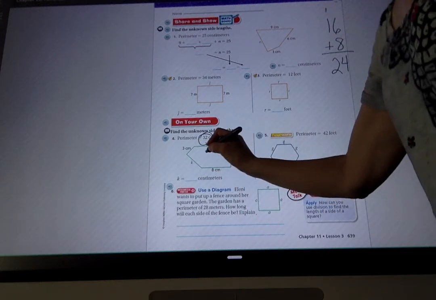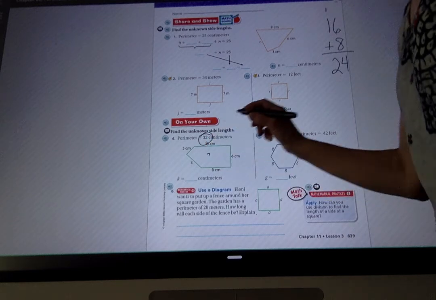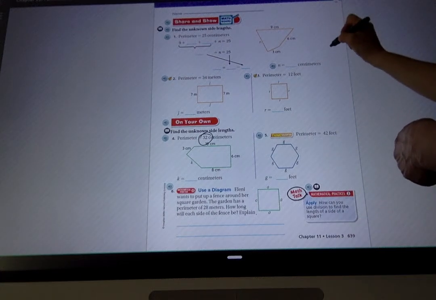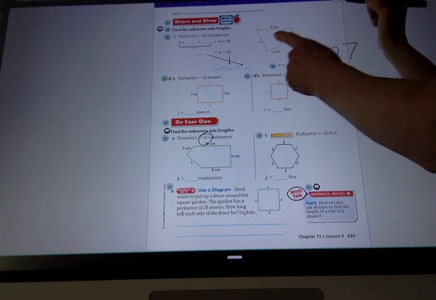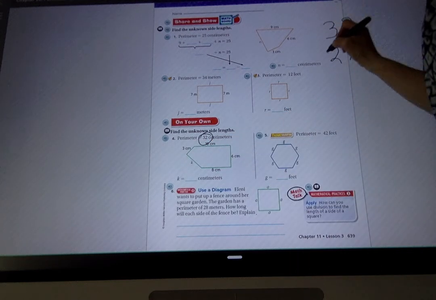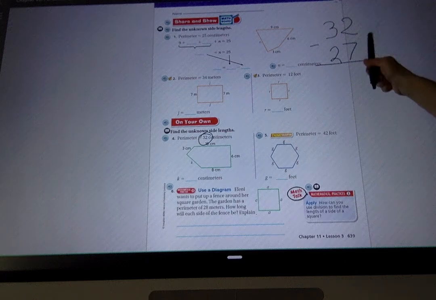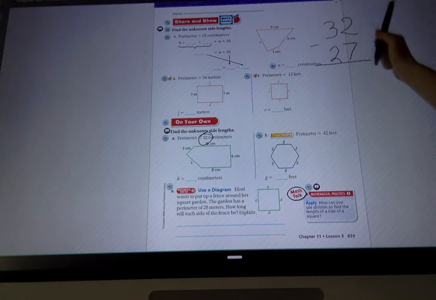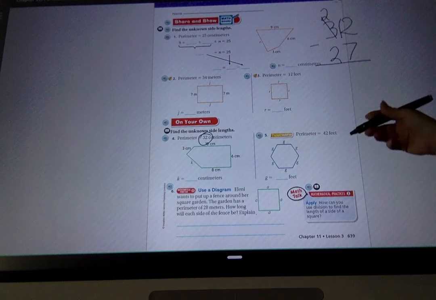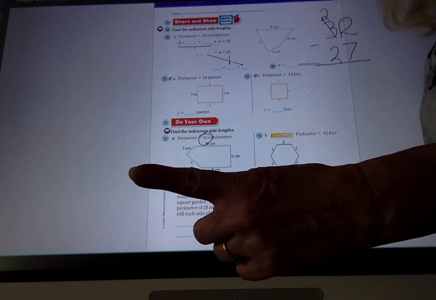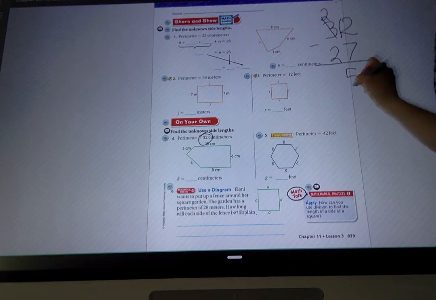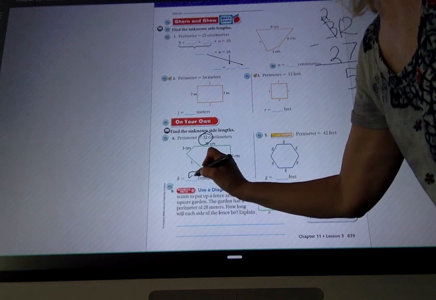So I have 27. Well, I'm not going to write that there. Let's write that up here. 27. And I have to subtract that from what I already know, 32. So can I take 7 from 2? No. I'll have to borrow. And now 7 from 12. 7, 8, 9, 10, 11, 12. 5. So K is equal to 5.